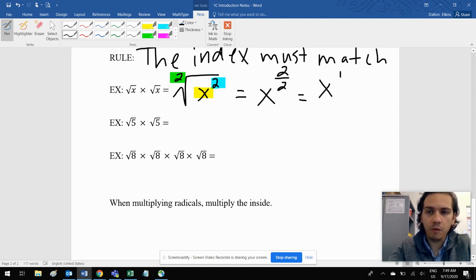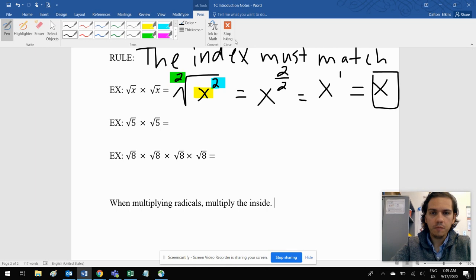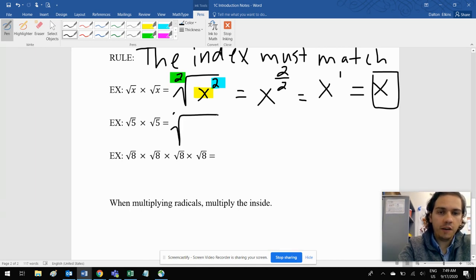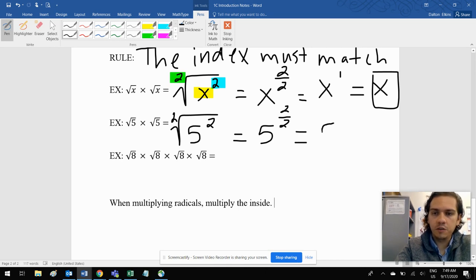So this is x to the power 1, which is just x. That continues here. We have the second root of 5 times the second root of 5. This is the second root of 5 to the power 2, which is 5 to the 2 over 2 power, which is 5 to the first power, which is just 5.